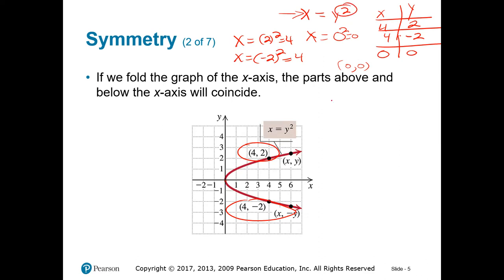Because of the squaring here. It opens to the right, and this is with respect to x. Now the symmetry of it is going to be right here, where y equals 0, and it splits the graph in half. It's symmetric at that point.